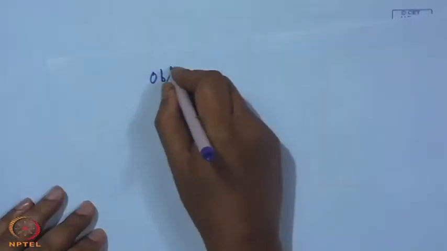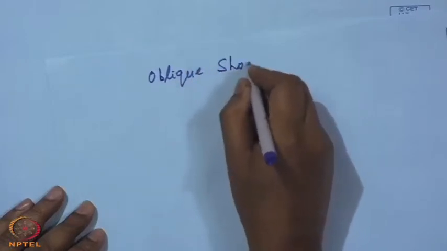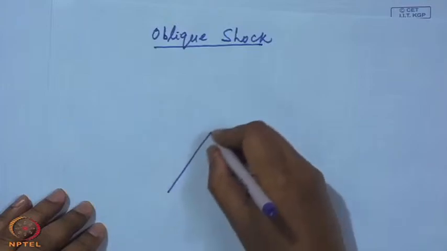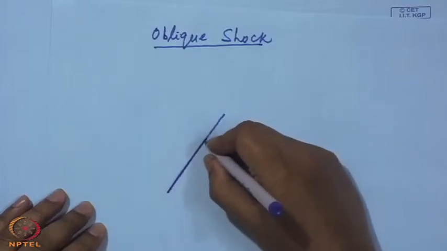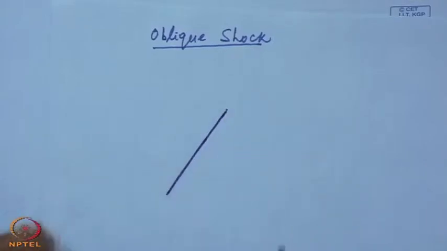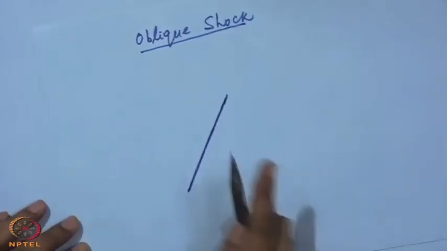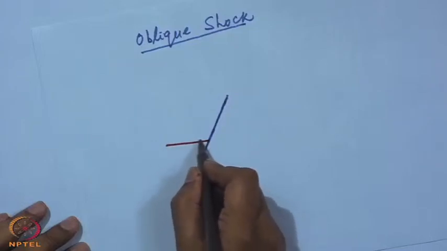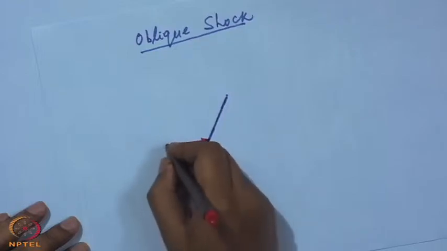Let us consider an oblique shock, and consider that the flow velocity ahead of this oblique shock is W1.